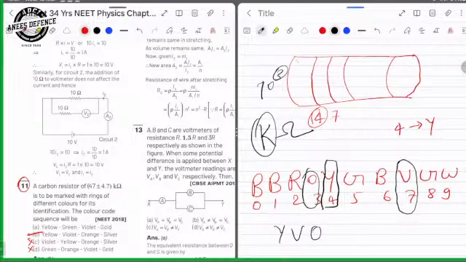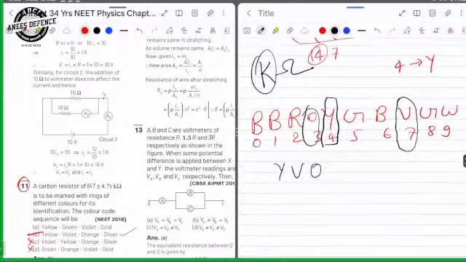So go through option yellow, violet, orange. And impurity is plus minus 10%. Right? For silver plus minus 10%, and for gold plus minus 5%, and for no color, impurity will be 20%.